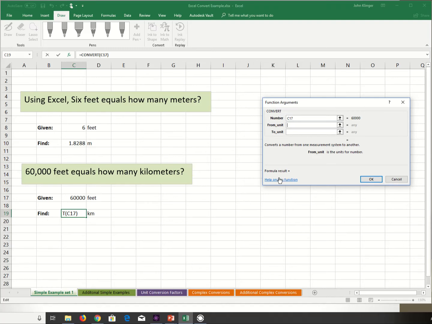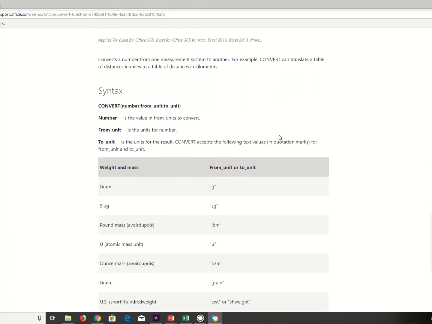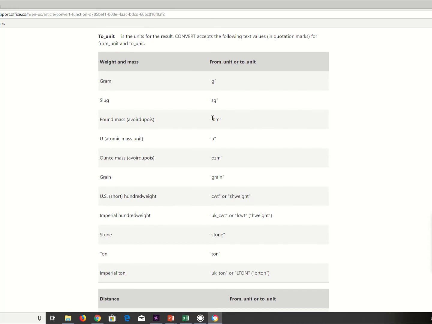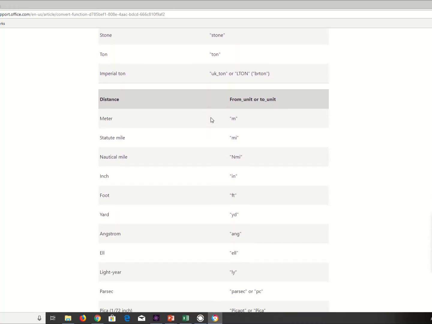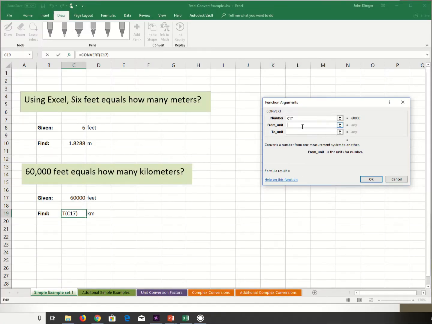If I don't remember, I can always click on the help topic. Here's our whole list. Here's distance, and here's feet right in here. So we know we want quote feet.